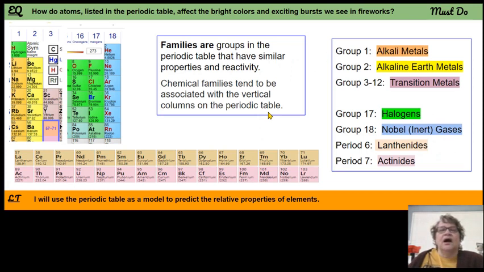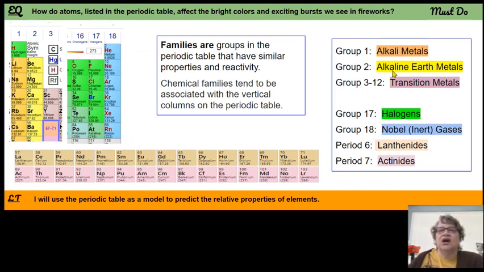The groups in the periodic table are called families, and families are groups that have similar properties and reactivity. Chemical families tend to be associated with the vertical columns on the periodic table. However, they can include the rows. So group 1 are the alkali metals.